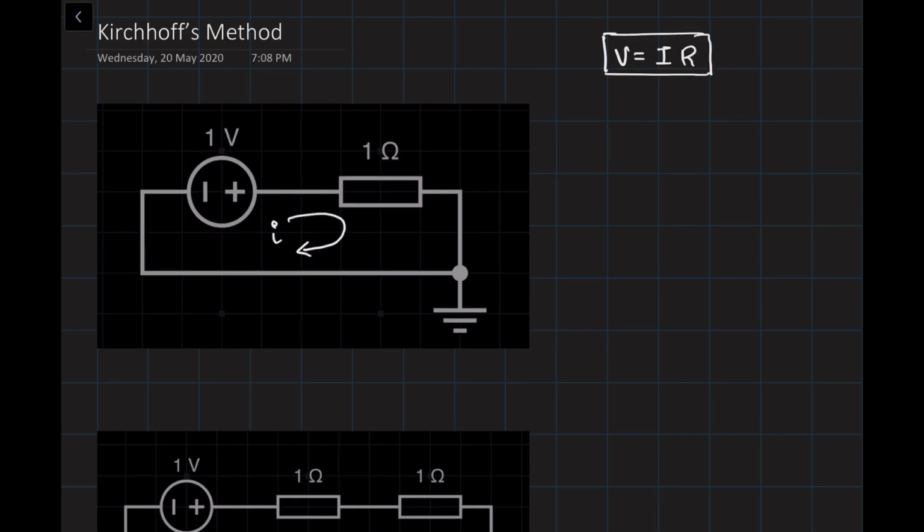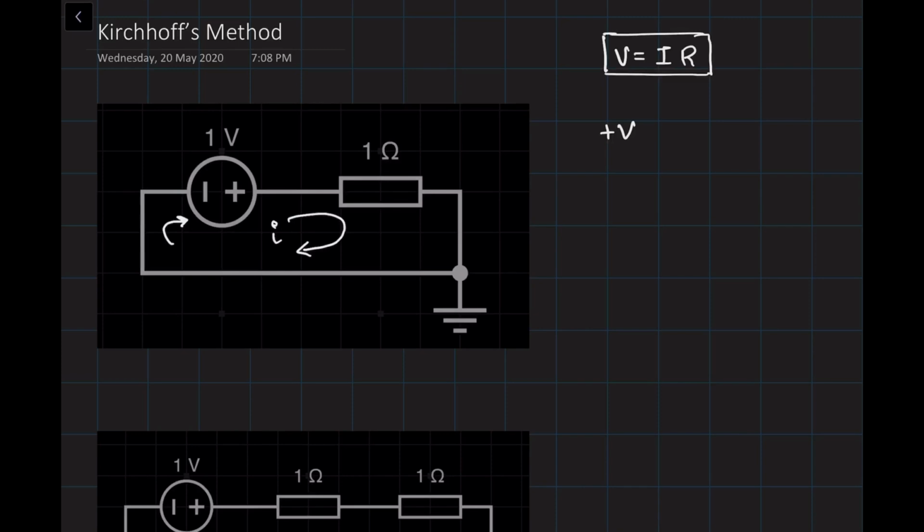Now what we are going to do, I'm taking the current in the clockwise direction, right? So when we move clockwise, if you're finding the voltage source negative end, then you have to put plus V. Now check, is there any other voltage source in the same circuit?